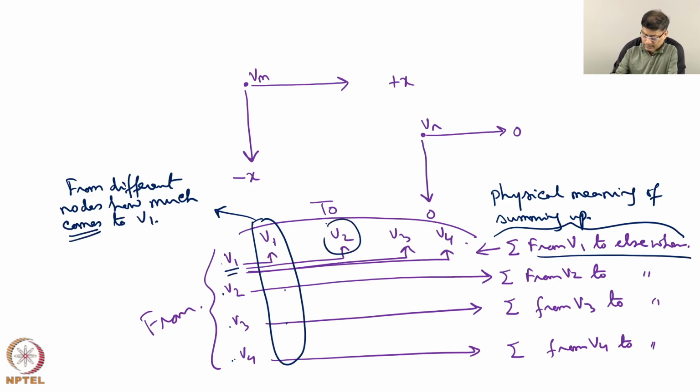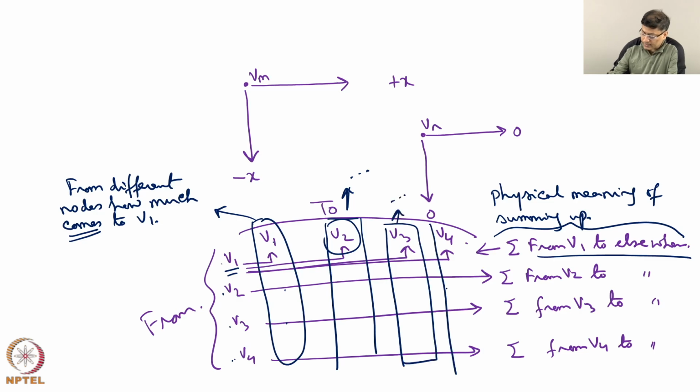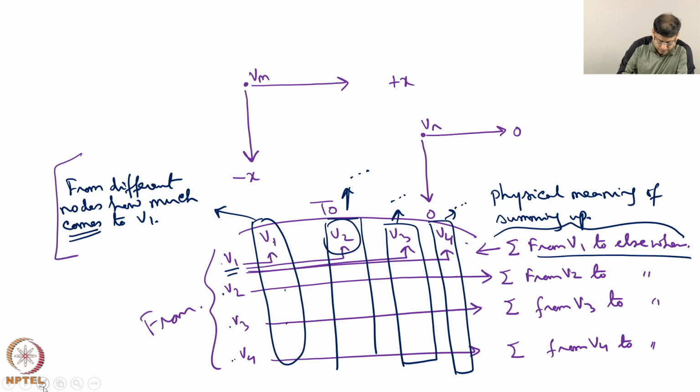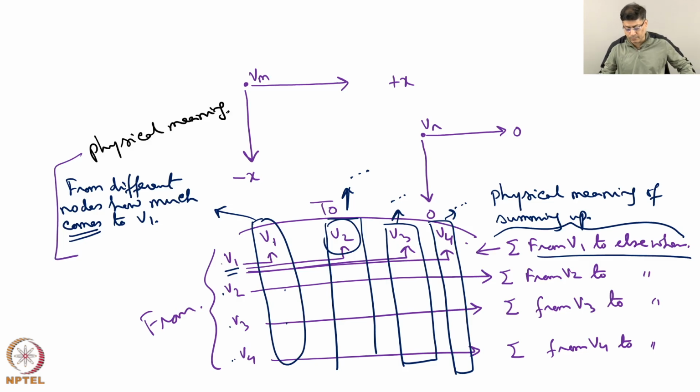So, this sum will indicate how much total is coming to V2, this sum will indicate how much total is coming to V3 and this sum indicates how much total is coming to V4. So, what I wrote here is the physical meaning of this summing up.